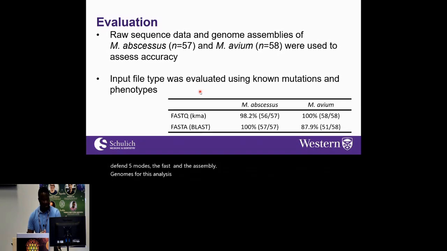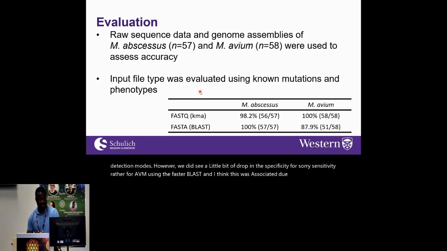And what we noticed was that we had 100% sensitivity through the two detection modes. However, we did see a little bit of a drop in the sensitivity for avium using the FASTA BLAST. And I think this was due to the quality of the assemblies that we had.